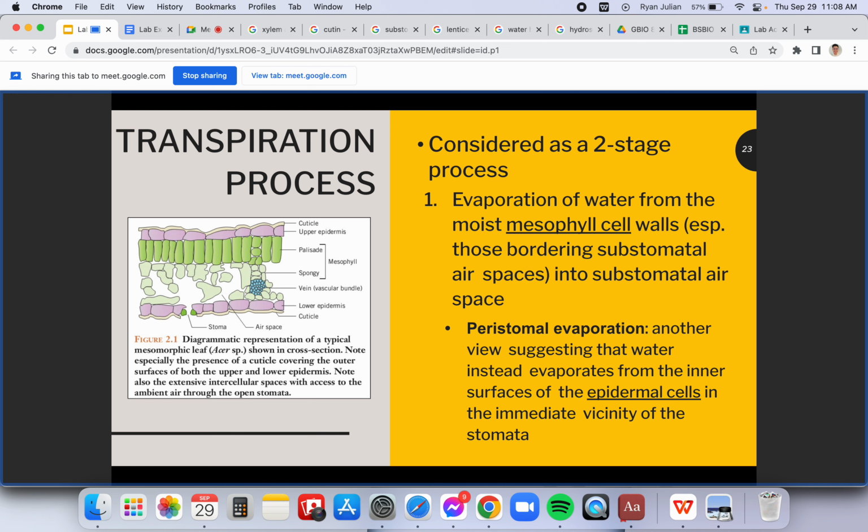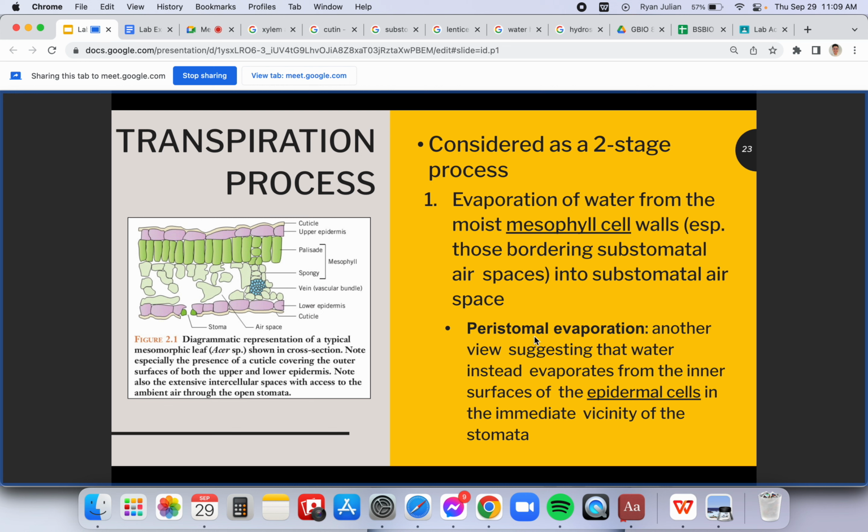For the transpiration process, it is said to be considered as a two-stage process. First and foremost, evaporation of water from the moist mesophyll cell, those bordering substomatal air spaces, into substomatal airspace.